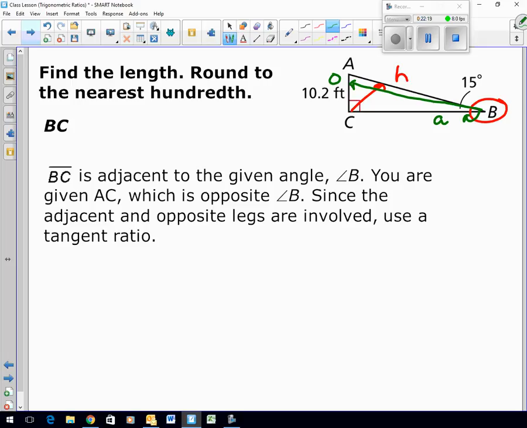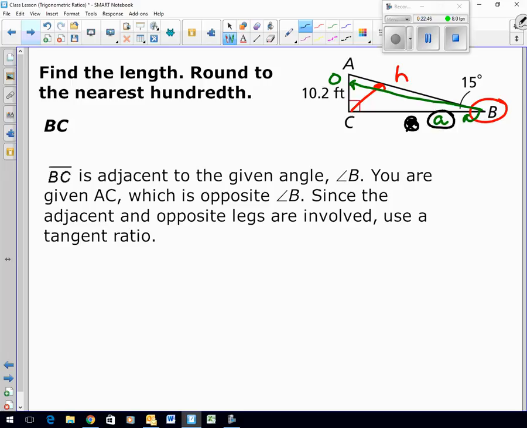I don't know what the adjacent side is. Which side am I looking for? Am I looking for O, H, or A? A. I'm looking for BC. BC is right here, correct? That is BC. It is my adjacent side of the triangle.